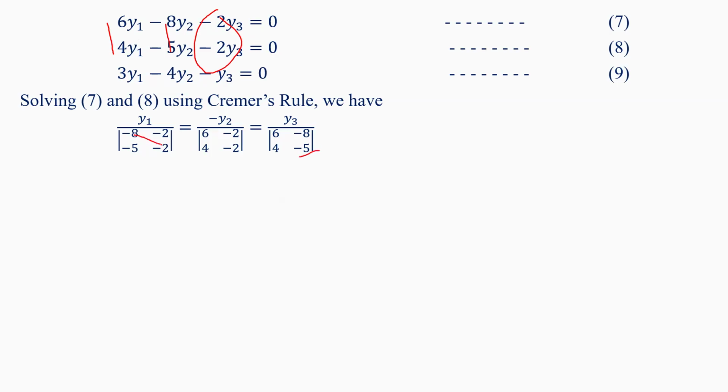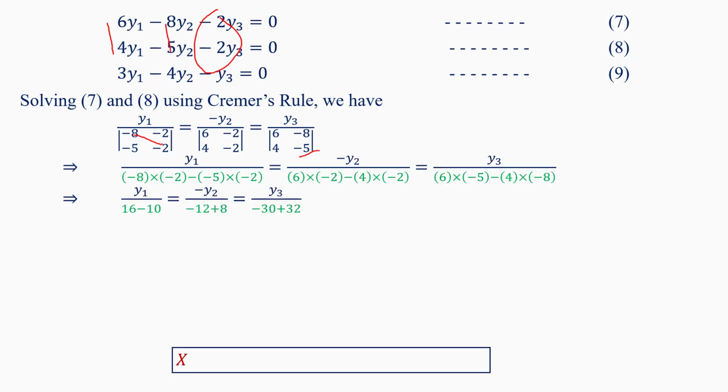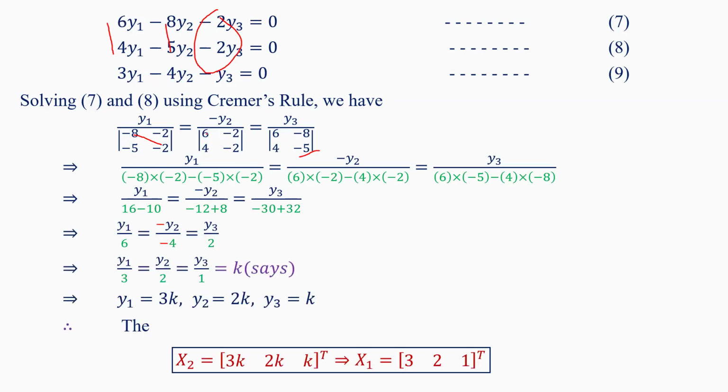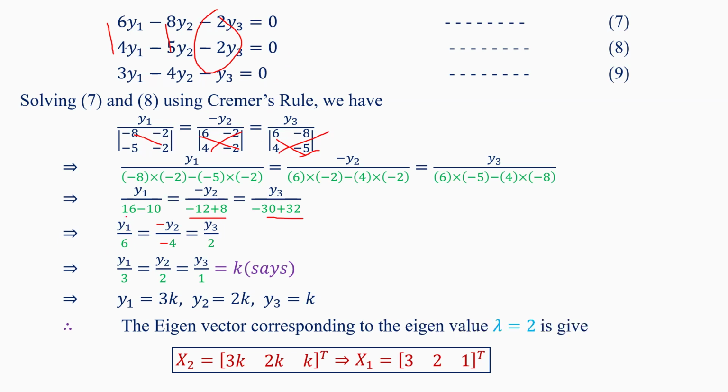Again, if we simplify, minus 8 into minus 2 is plus 16, plus 16 minus 10 here, minus 12 plus 8, and the last one minus 30 plus 32. If you simplify it, what are we getting? 16 minus 10 is 6, minus 12 plus 8 is minus 4, and minus 30 plus 32 is 2.